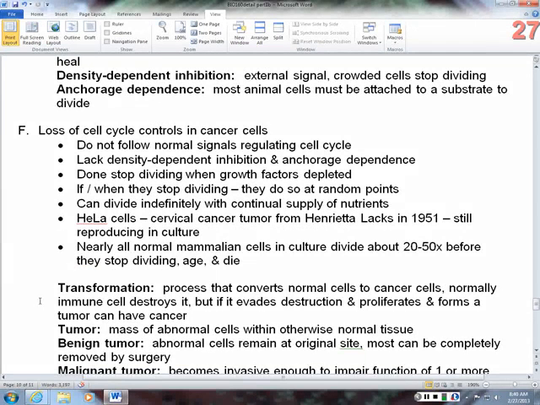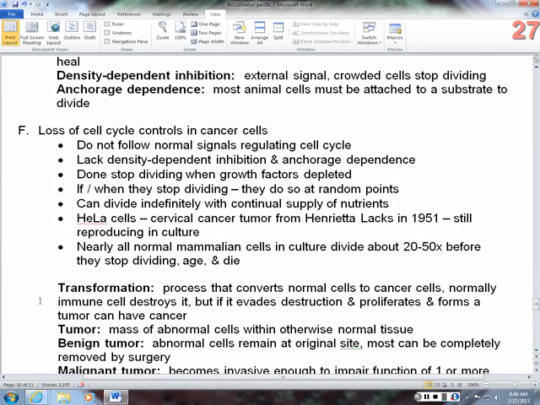They lack anchorage dependence, so they can freely float and plant their seeds other places. If and when they stop dividing, they'll do so at random points. Normally a cell that's not going to divide anymore goes into the G0 phase. Cancer cells stop wherever they feel like it.